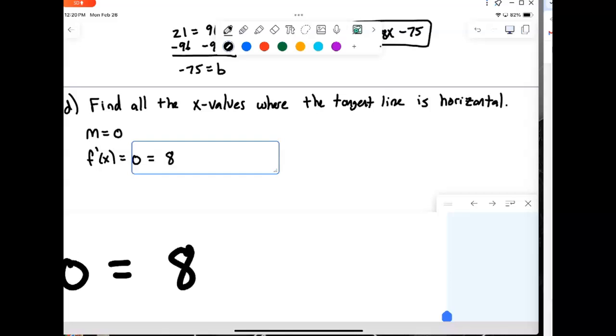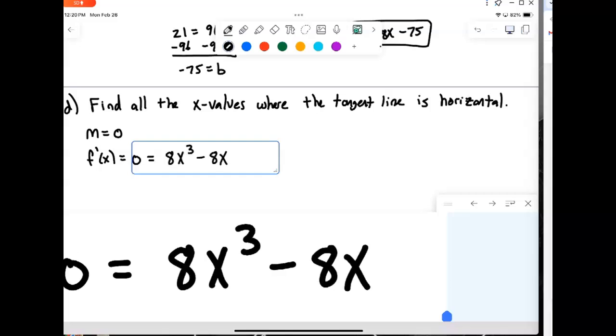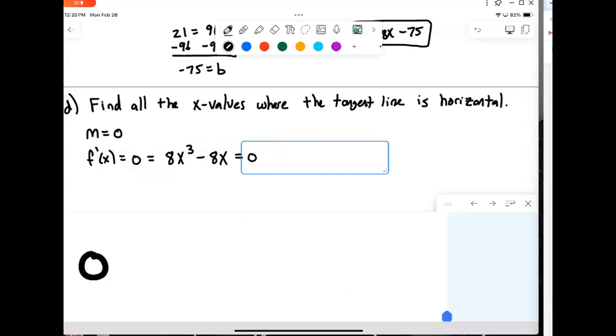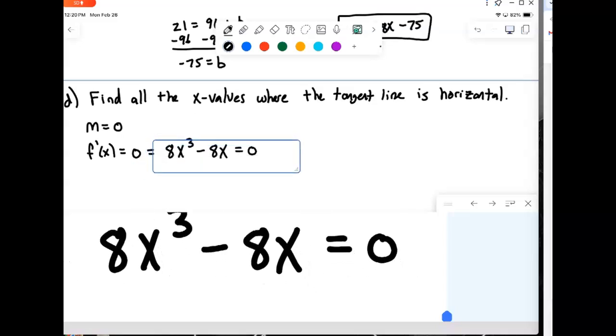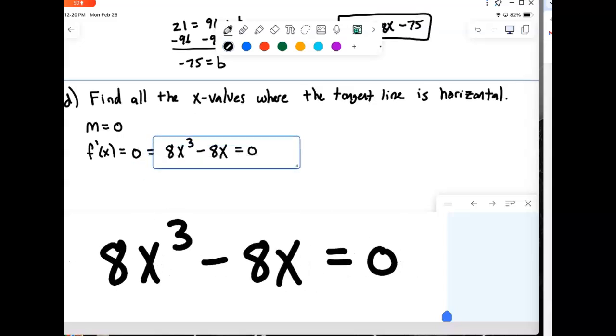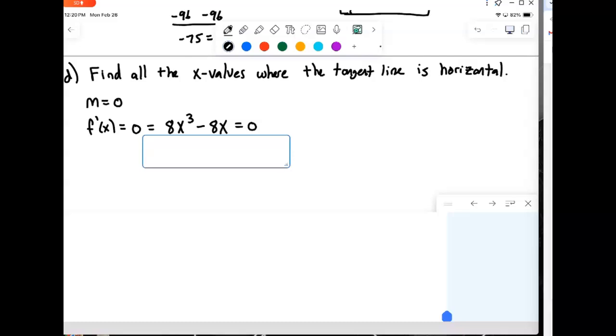And so we would set our derivative 8x cubed minus 8x equal to 0. Right? And now we're faced with a polynomial equation to solve here. Fortunately, this is not going to be a terribly hard one to solve because we have an 8 that will go into both of those terms, and we have an x that will go into both of those terms. So we can pull out an 8x.